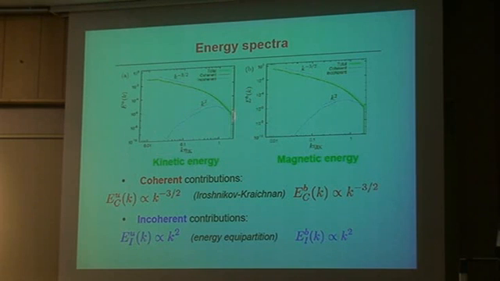But the more interesting thing to remark is that the incoherent contribution to the energy is going to be at this k squared spectrum, which corresponds to equipartition of energy. Because we are in 3D, you integrate on a shell, and therefore k squared dθ. Equipartition of energy will give you a k squared scaling. What does it mean? It means that we have retained all the energy in the coherent part, and the very tiny leftover is actually equipartition. The idea behind the scenes is that it's a kind of thermal noise, we hope.